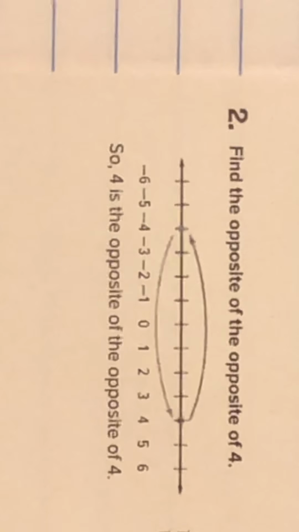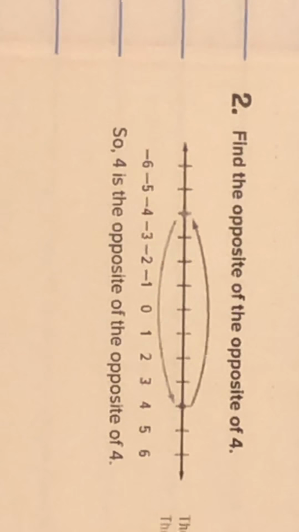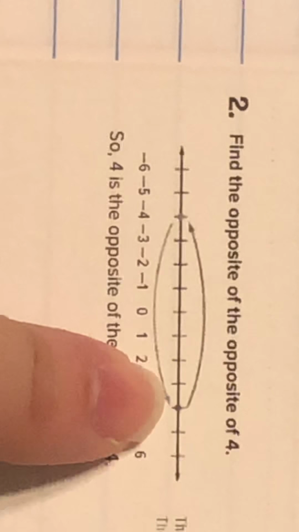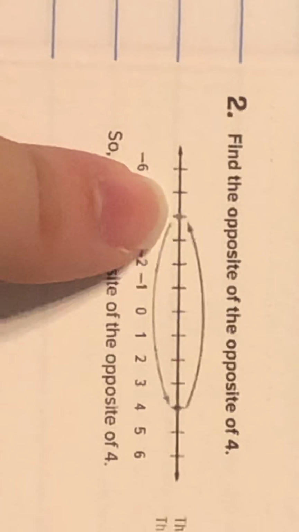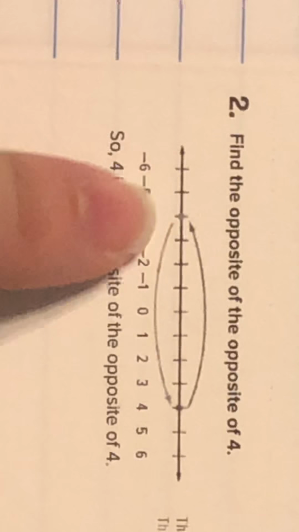All right, example number 2 says find the opposite of 4. So I start at 4. The opposite of 4 is -4, and the opposite of -4 is 4. So the opposite of the opposite.